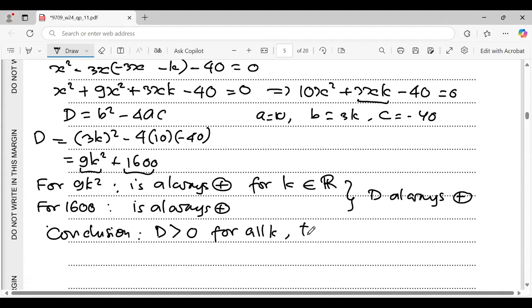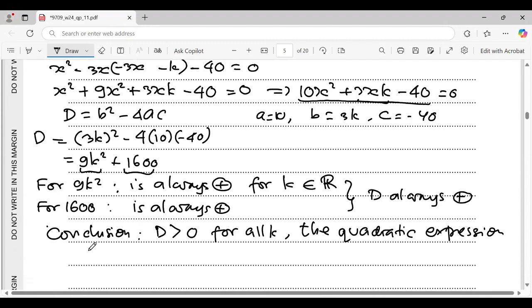the quadratic equation, I mean, this is the quadratic expression, this one.